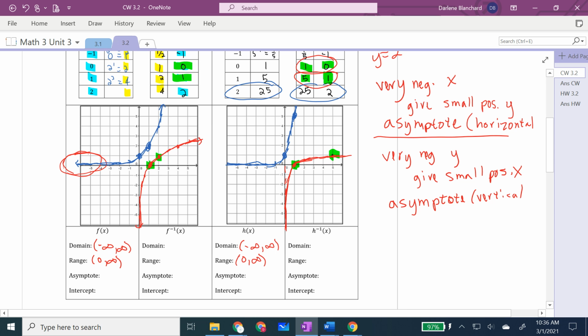Now, when you turn to the logarithms, those are the inverse functions, f inverse and h inverse. They swap domain and range because they are swapping x and y. The most important thing you need to see here is that the domain of your logarithms is positive numbers only.